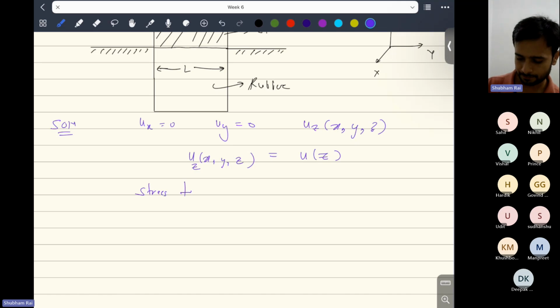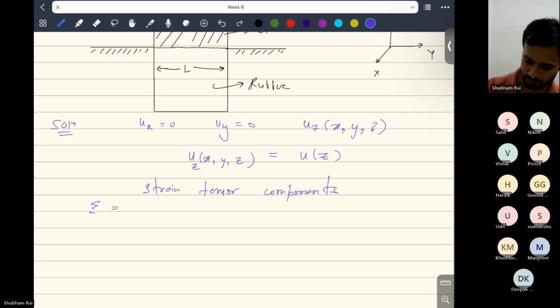Anyway, the strain tensor components. Sorry, it is strain tensor, not stress. If you try to write this, only epsilon zz will be non-zero, the rest will be zero.